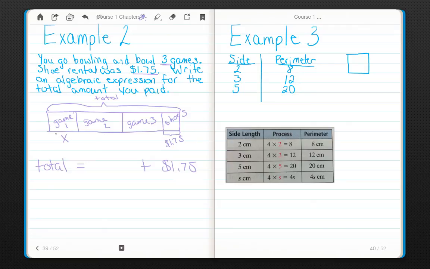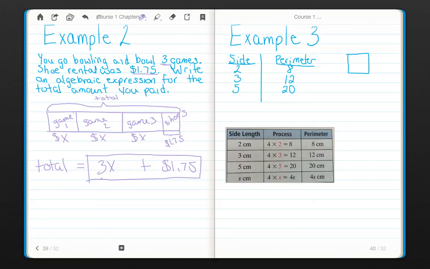I paid x dollars for 1 game. I paid x dollars for the 2nd game and x dollars for the 3rd game. It's all the same. So I have 1, 2, 3 x's. So my algebraic expression is 3x plus $1.75. That will tell me the total amount of money I paid to go bowling.